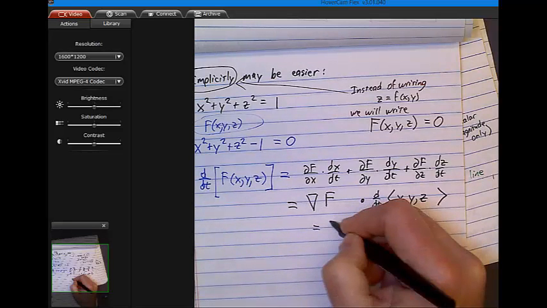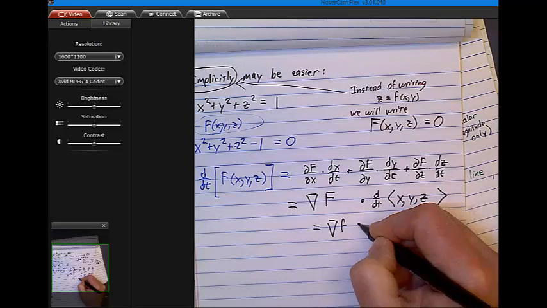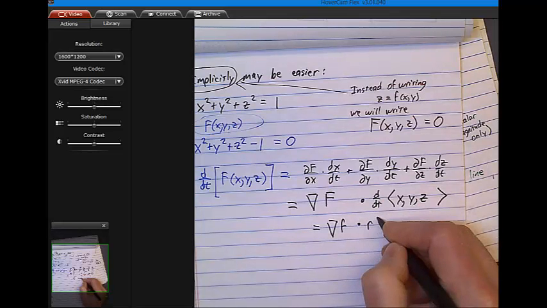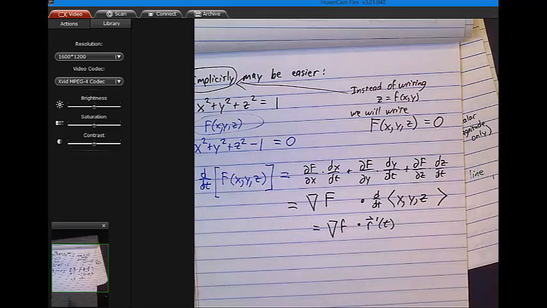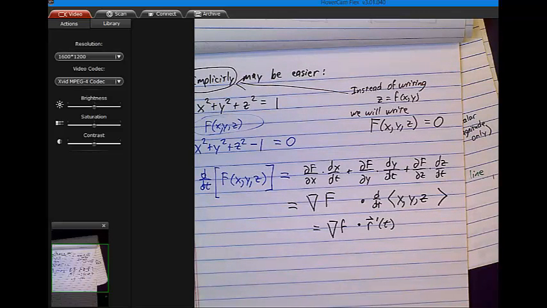And so we say it's the gradient of f dot, and we've done this before, we call that r prime of t back in the last chapter, right? Because r was my position function. So here's the way to do it. The gradient vector comes back. It shows me how to get tangent planes.